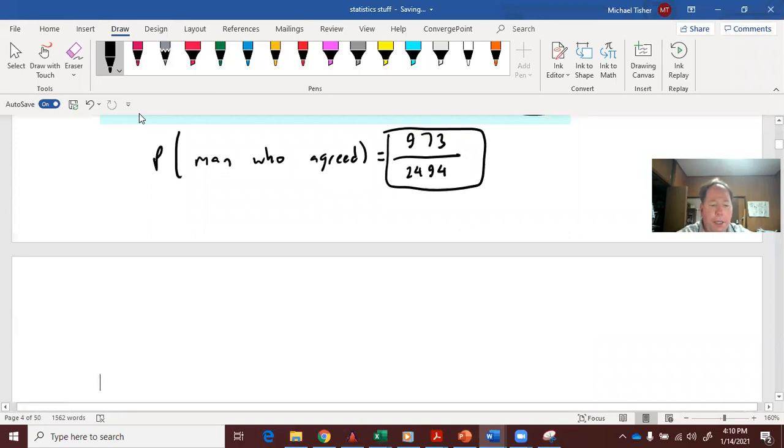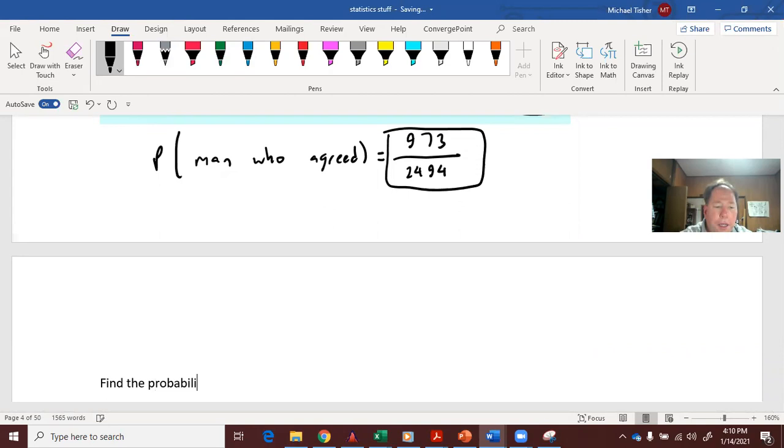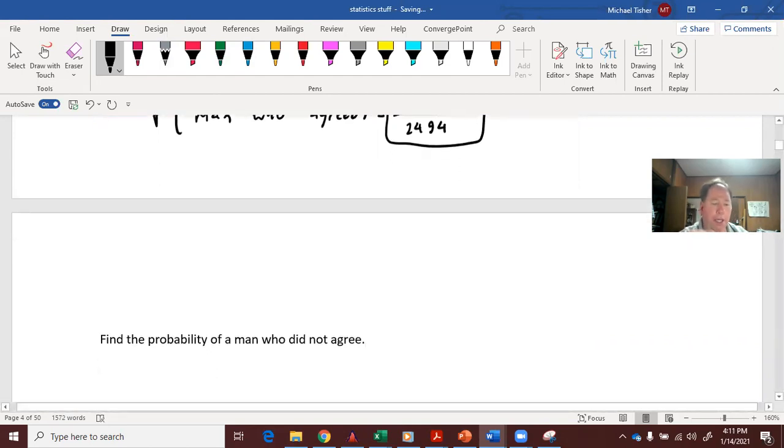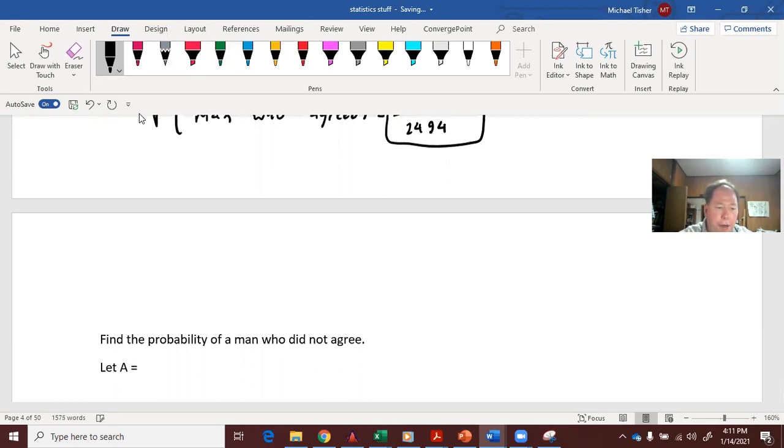Now, let's suppose you want to find the probability of a man who did not agree. Again, we can use a formula we saw earlier with the P of E prime, or we can just count them out. Either way is fine, but it might be easier to use the formula in this case. So this time we'll let A equal man who did not agree.